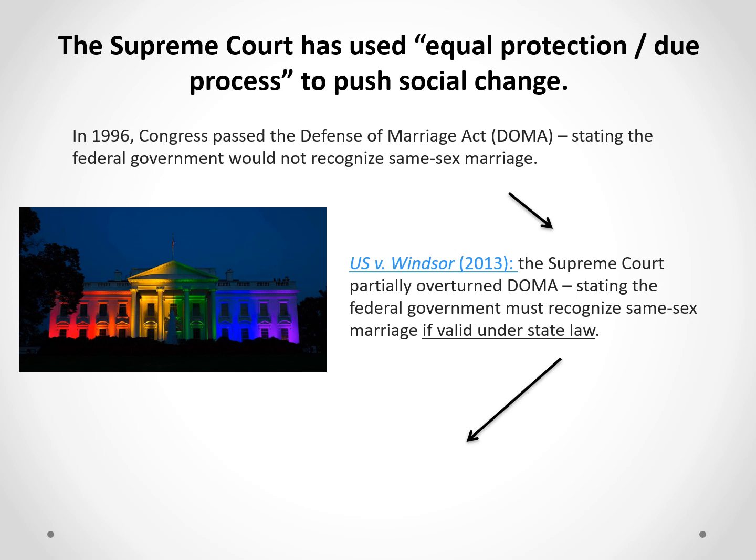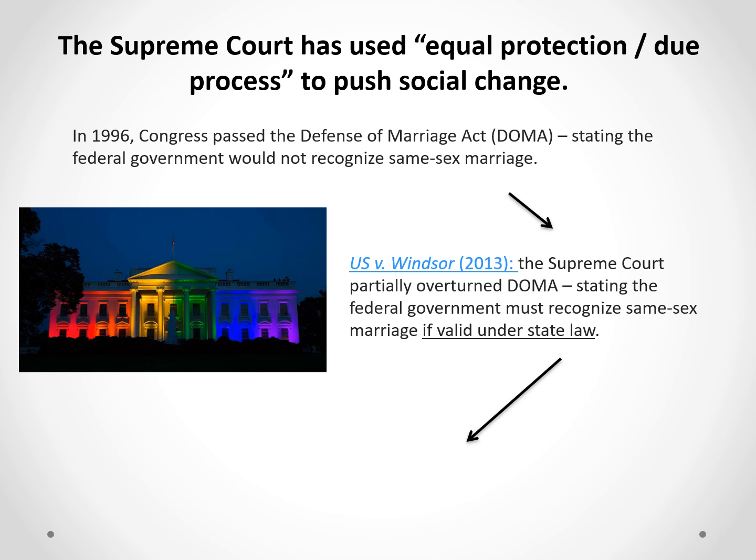So again, under Windsor, states could still decide whether or not they wanted to have same-sex marriage, but if the state recognized a marriage, then the federal government had to do that also, including for tax purposes. So Ms. Windsor got out of that large tax bill.